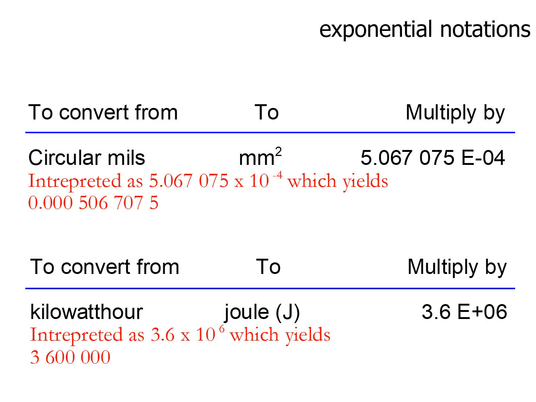Now you can convert kilowatt to joules, or joule, it depends upon what day of the week it is. Interpreted as 3.6 times 10 to the 6th power, which yields 3,600,000 kilowatts an hour.